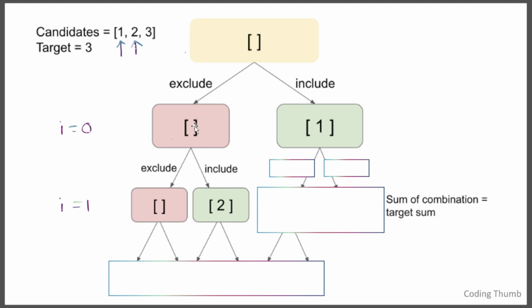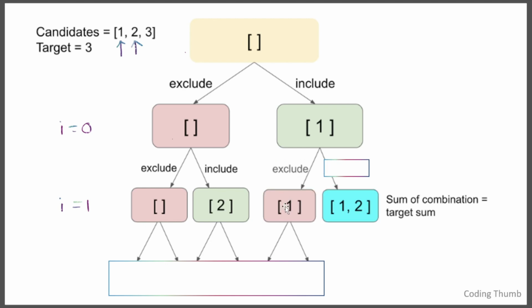But if we do include it, we end up with an array consisting of just 2. Similarly, from the array 1, if we exclude the number 2, we end up with 1. But if we include it, we add 2 to it and we get the array 1, 2.